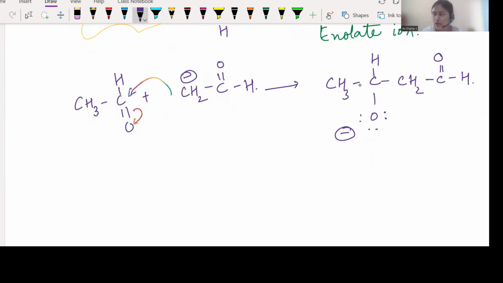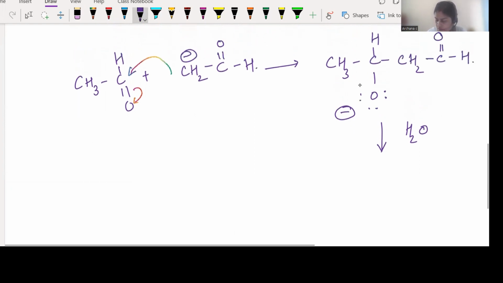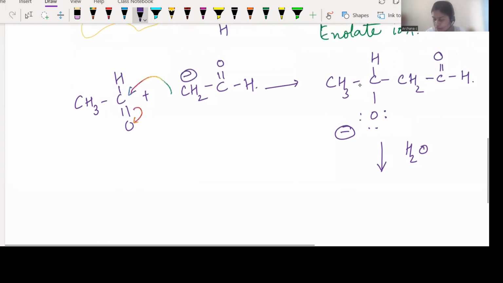Now to this, water is added. Water, I can write it as H2O, or for better understanding, I can write it as HOH.